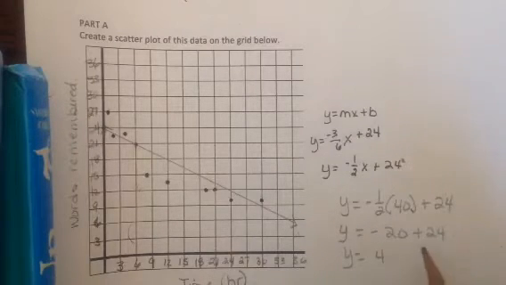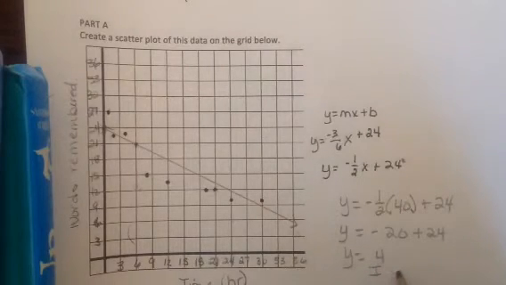So what does that mean? That means that I would predict that she would remember 4 words in 40 minutes. So let me put it right here. I would predict that she would remember 4 words in 40 hours.